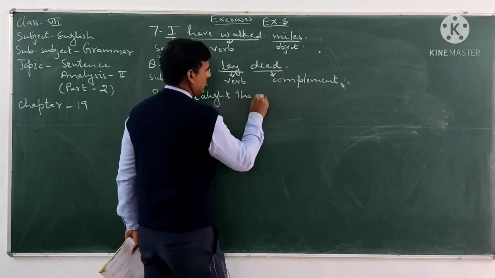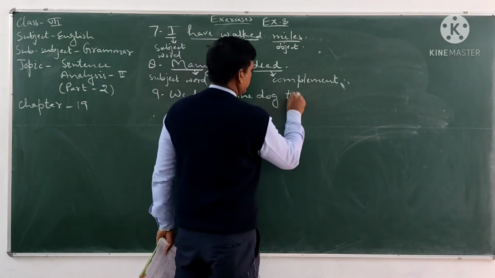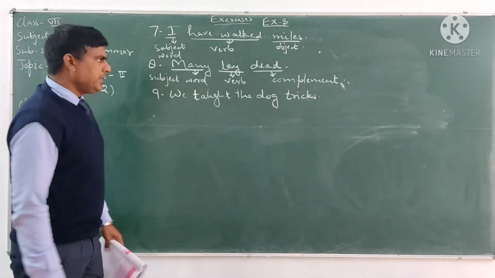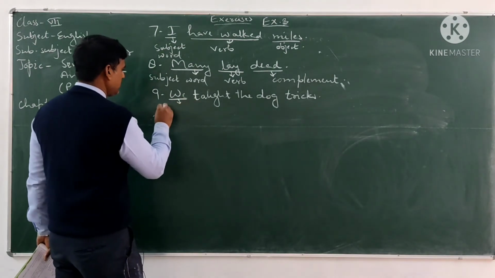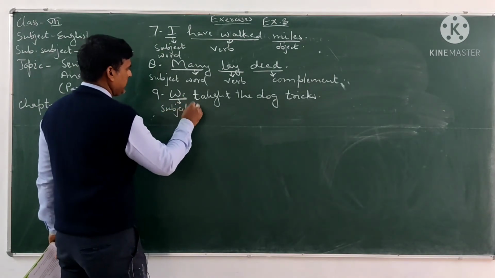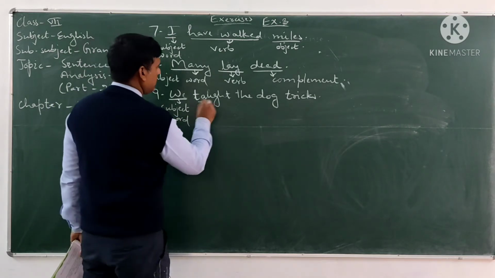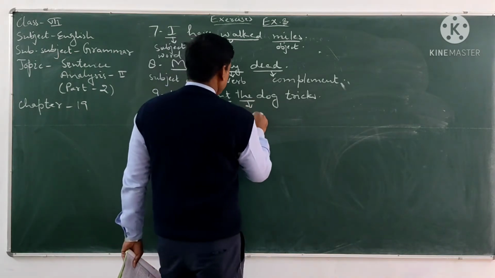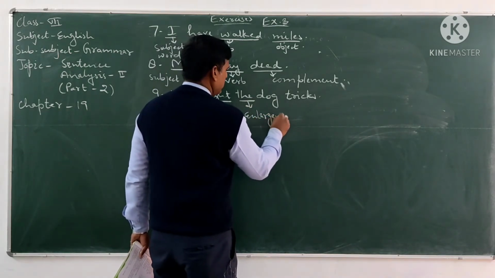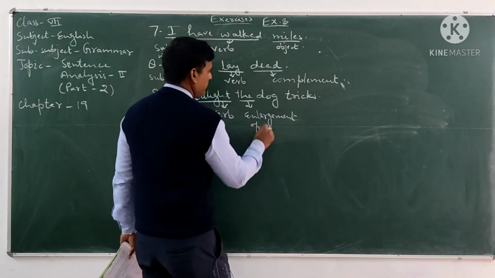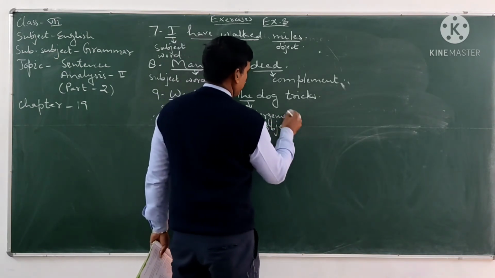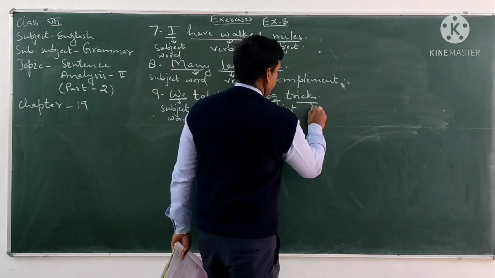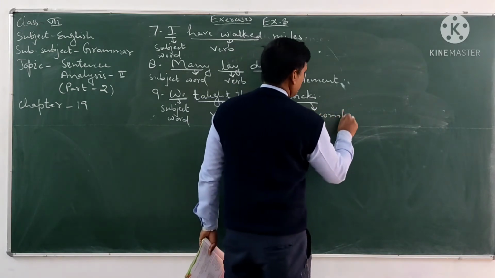In this sentence, we is the subject word, taught is the verb, the is the enlargement of object, and dog is the object, and tricks is the complement, objective complement.